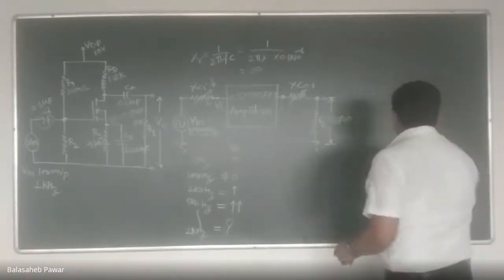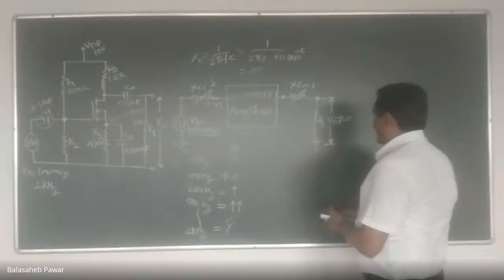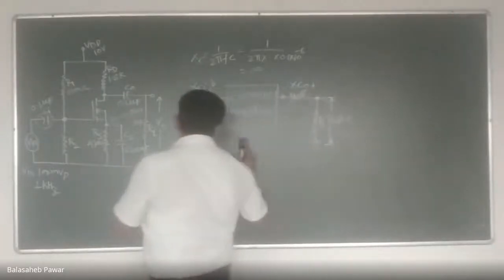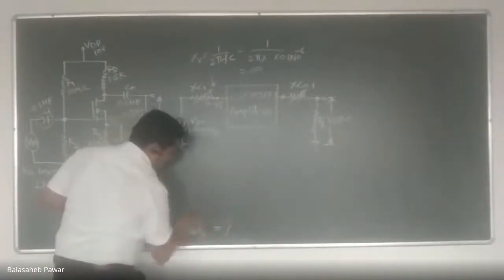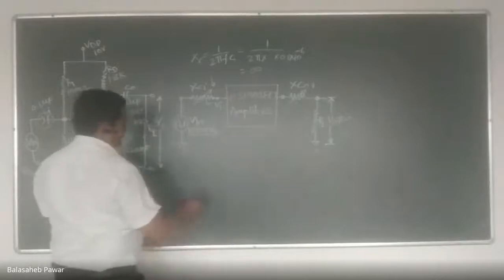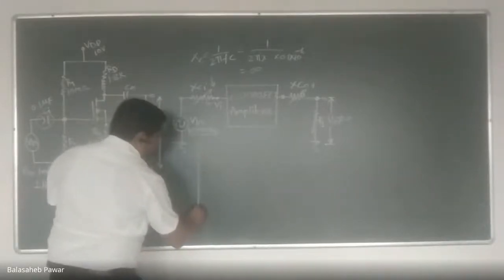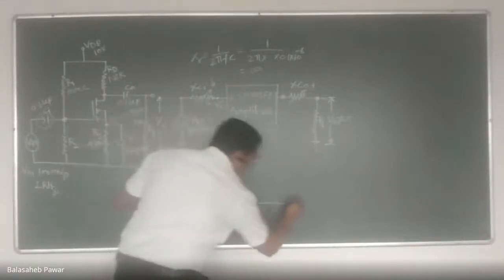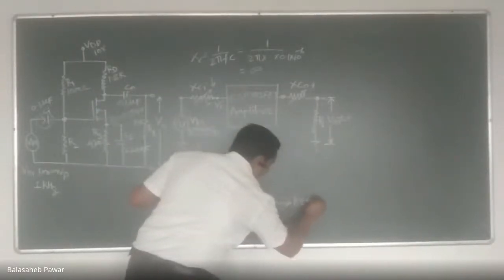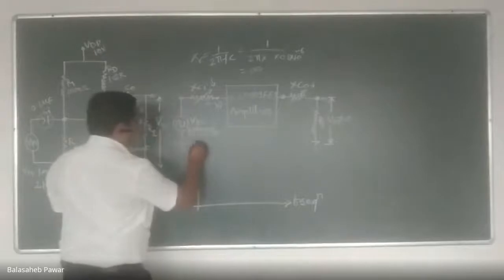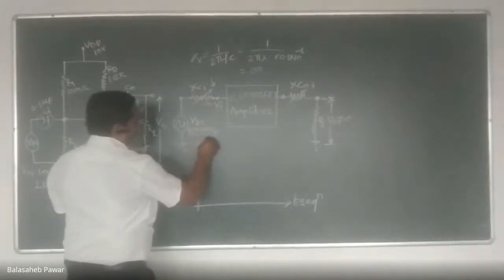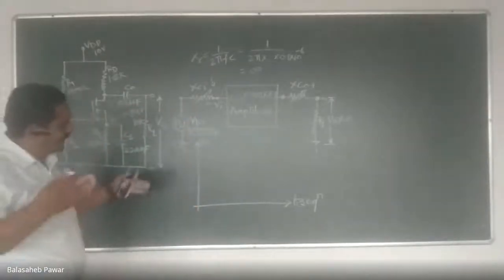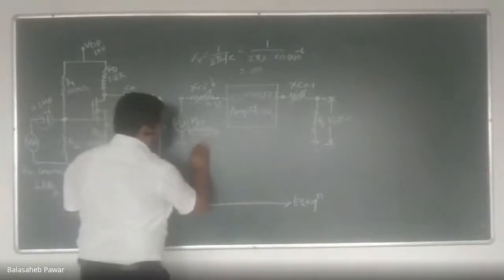Okay. Now the same thing, suppose we have to show it graphically. How will it look? I will take the frequency on the x-axis, because that I am going to change, and that's why I consider the x-axis for frequency and this one for VO. Or you can directly take the gain also.